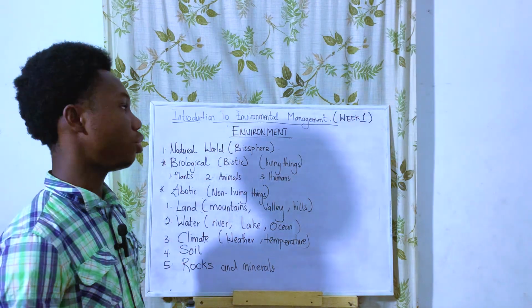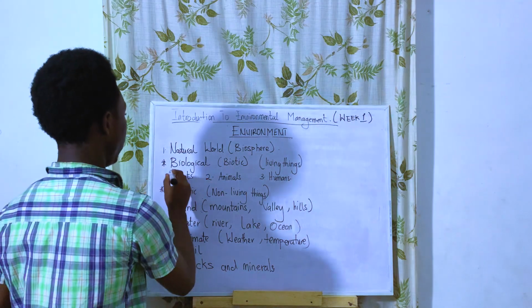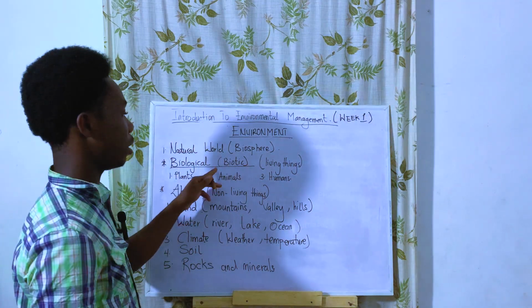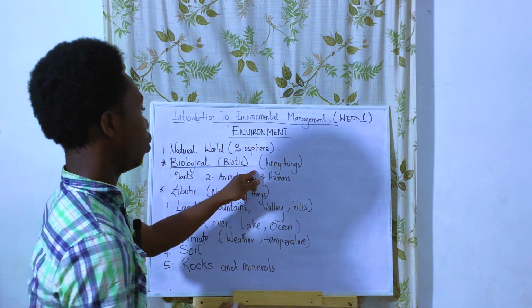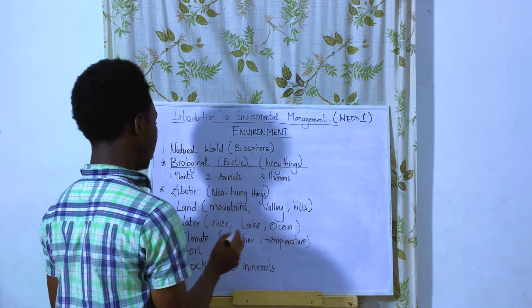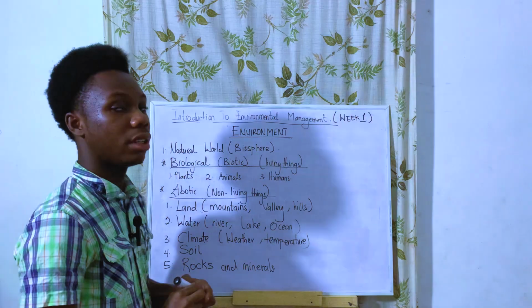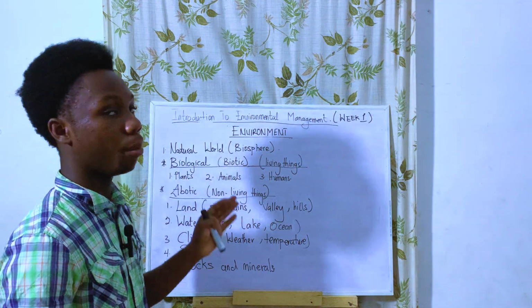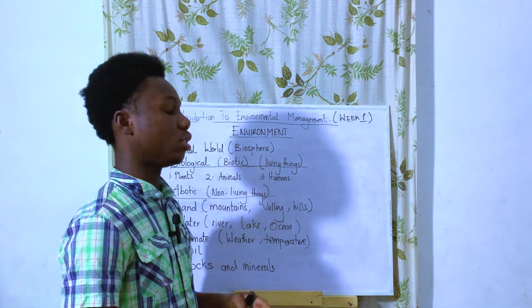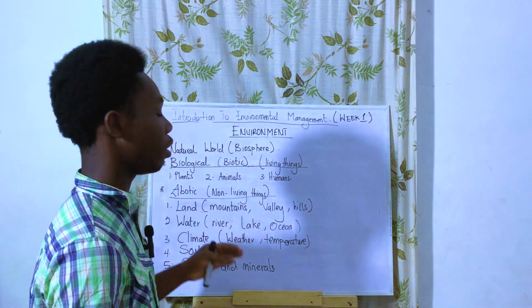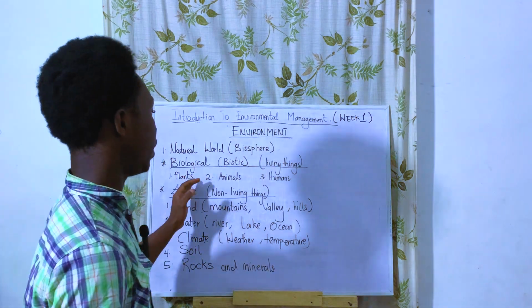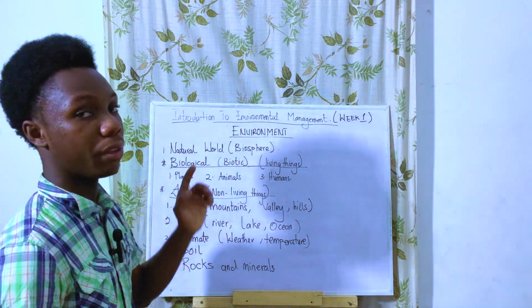Now, under the natural world, we have these 2. We have the biological, that is the biotic, or we can say this is living things, and we have the abiotic or non-living things. Now, if we say biological or biotic, meaning living things, what are the living things that can be found in the environment? We have plants, we have animals, and we have humans.